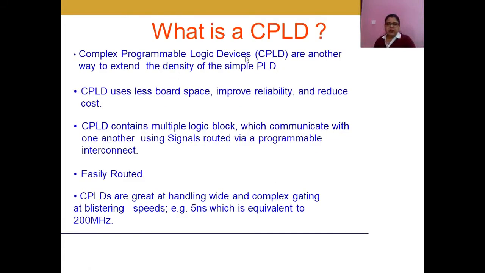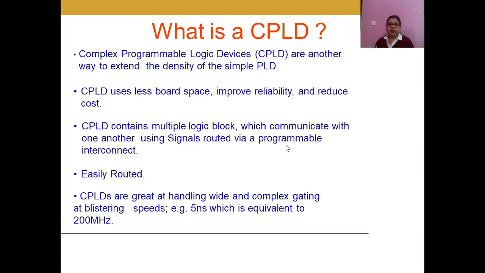So now we come to what is the CPLD, which is a complex programmable logic device. When we talk of the CPLD, it uses less board space. It has an improved reliability and a reduced cost. It contains multiple logic blocks which communicate with one another via interconnects or the routers which are programmable.